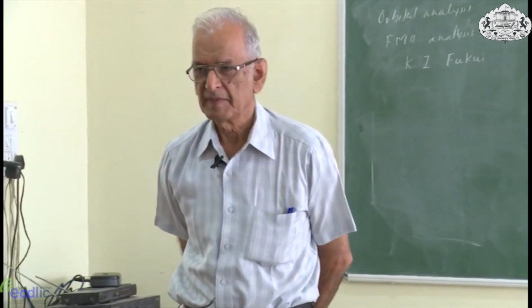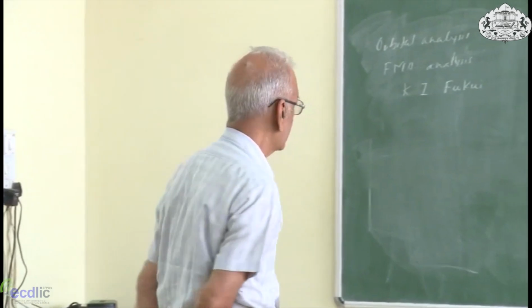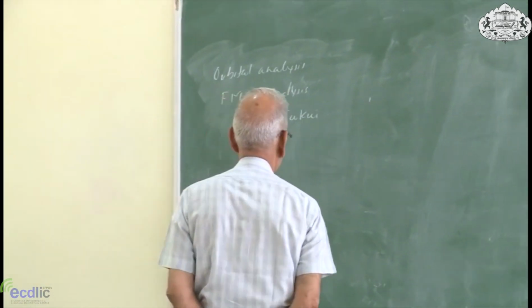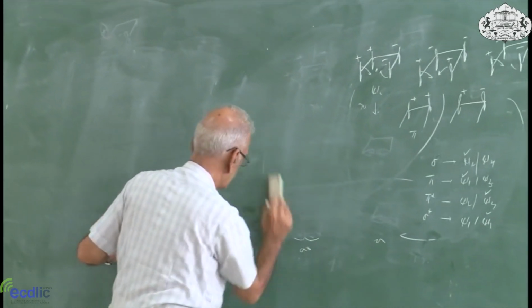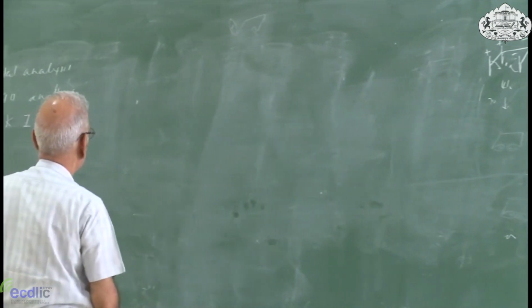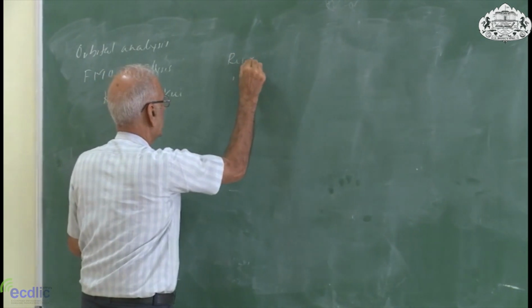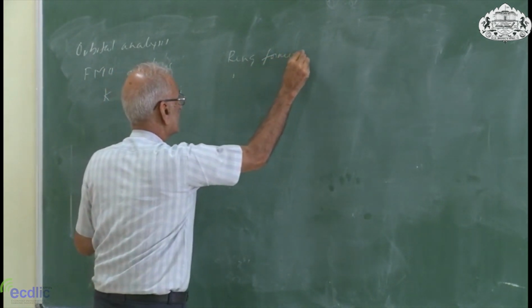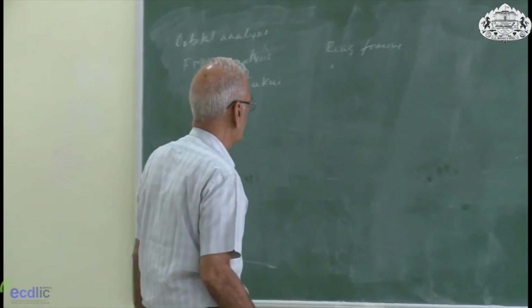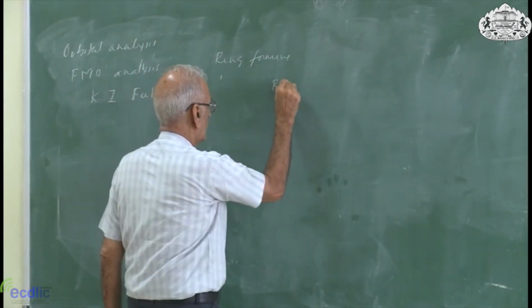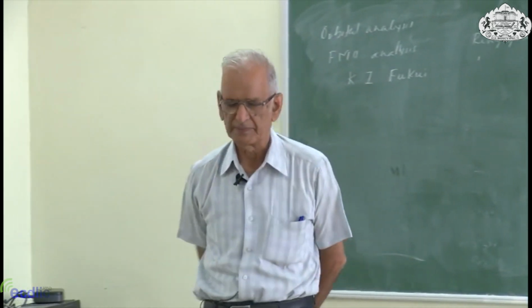As I said last time, he shared the Nobel Prize with Roald Hoffmann. That's Kenichi Fukui using the frontier molecular orbital approach. We are looking at the ring forming reaction. So, our first ring forming reaction is going to be butadiene going to cyclobutene.